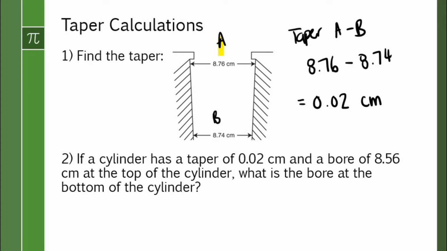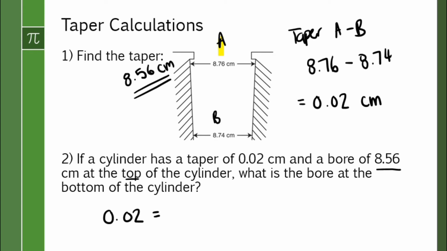In question 2, it's a little trickier. They're telling you the taper. So we know that if we do taper equals A minus B, our answer is on the left side. And the bore of 8.56 is at the top of the cylinder. So that means 8.56, I'll just reuse this diagram, would be up here.